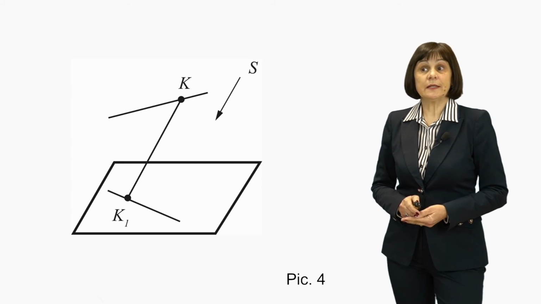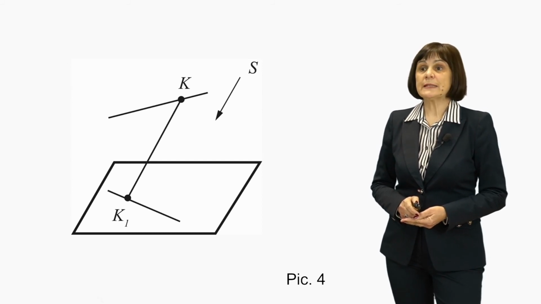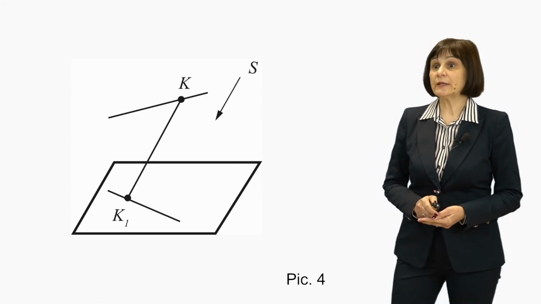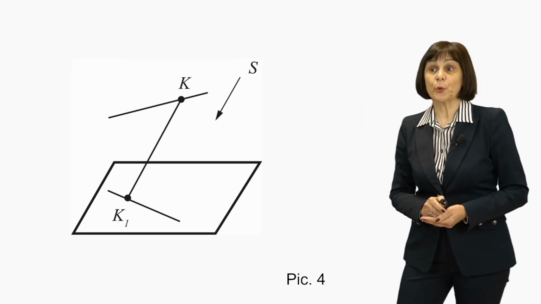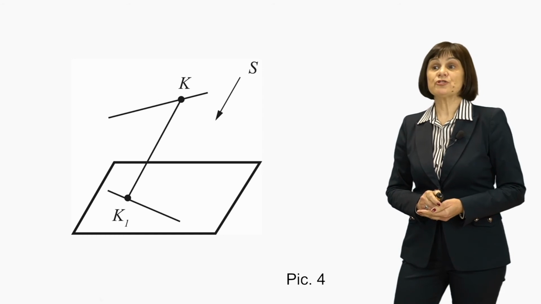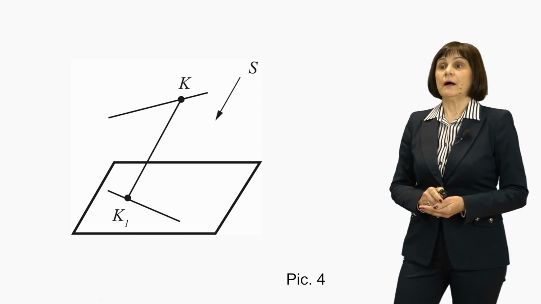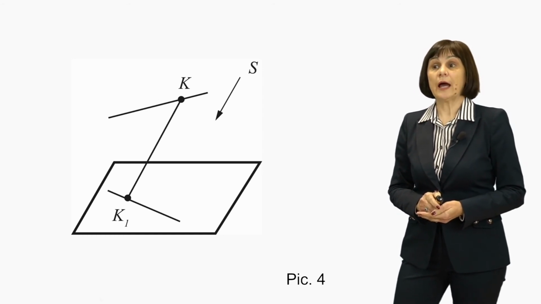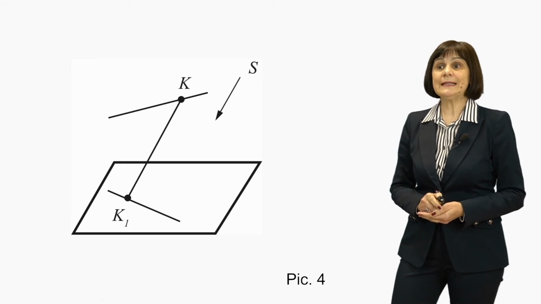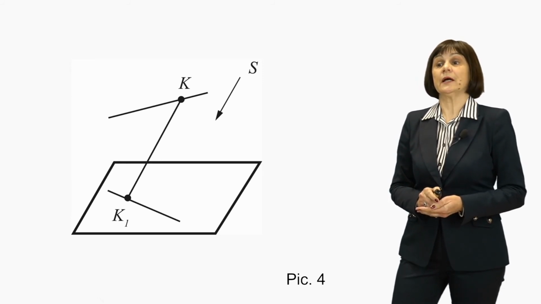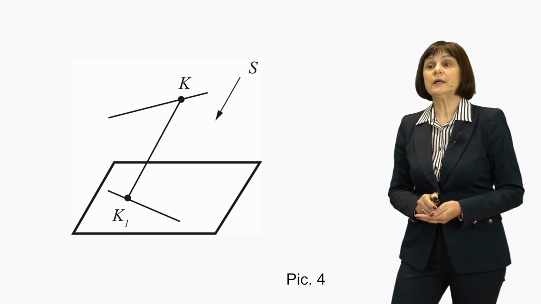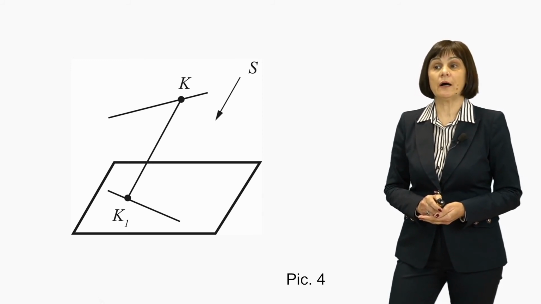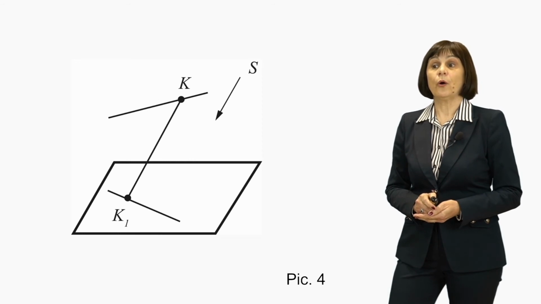This becomes clear if we separately project a line, like it is shown on our drawing. Then we project a point that is located on the line. The point is necessarily projected on the line. It cannot be located anywhere other than on the line.